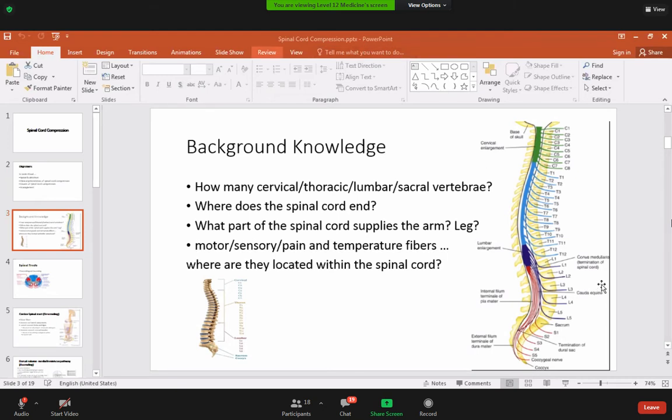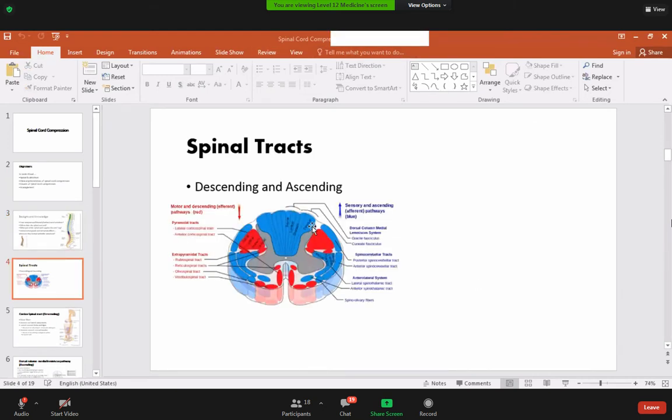Now, if you see this picture, there are the tracts. They are usually ascending and descending tracts. The descending tracts are those that are coming from the brain towards the peripheries or the extremities, and the ascending tracts are those that are coming from the periphery and ascending up to reach the brain.